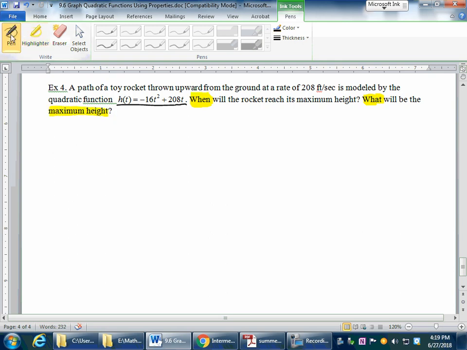So according to the ordered pair, the time is my input and the height is my output. Because the function notation right here tells me my input is t and my output is H of t. That's how I interpret where the time and the height are going to go.